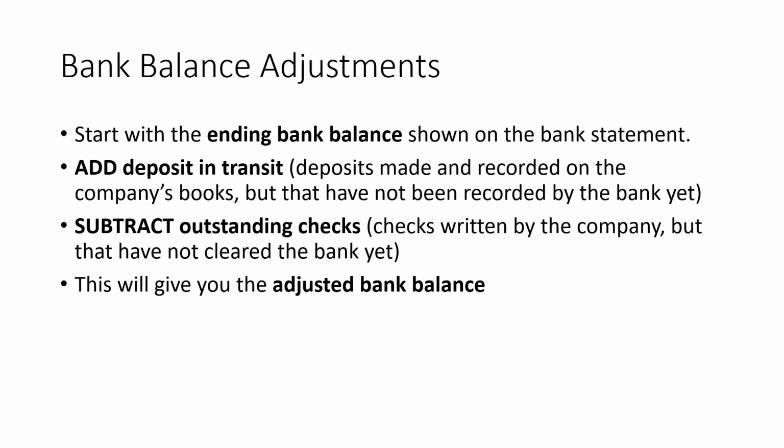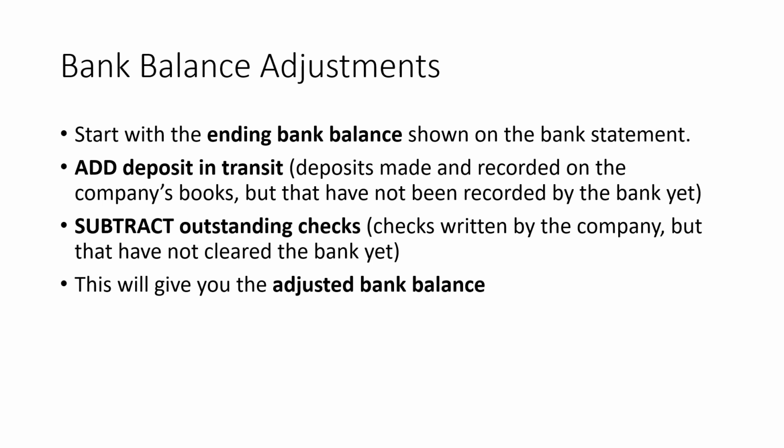For example, if it is September 30th and the company deposits all of their daily sales, all of the money they've gotten on September 30th, in the night deposit box at the bank, and they're already printing the bank statements, that deposit is not going to be processed until the next day, and therefore it won't be factored into the bank balance at the end of September. So we need to adjust the bank balance to account for that.